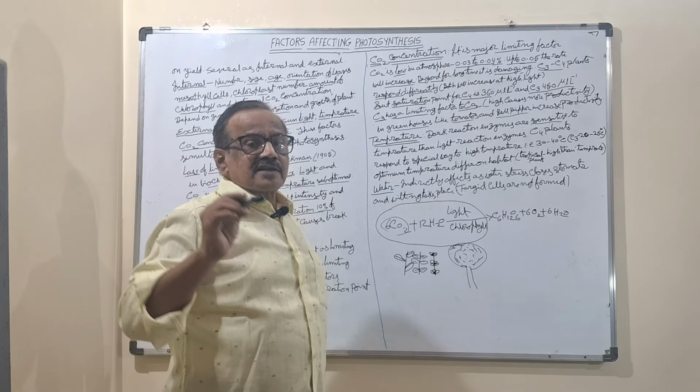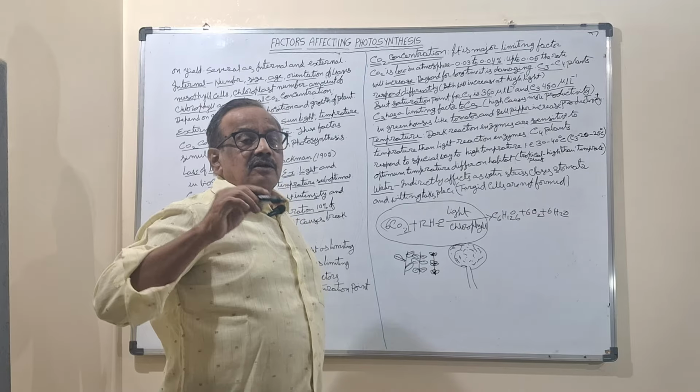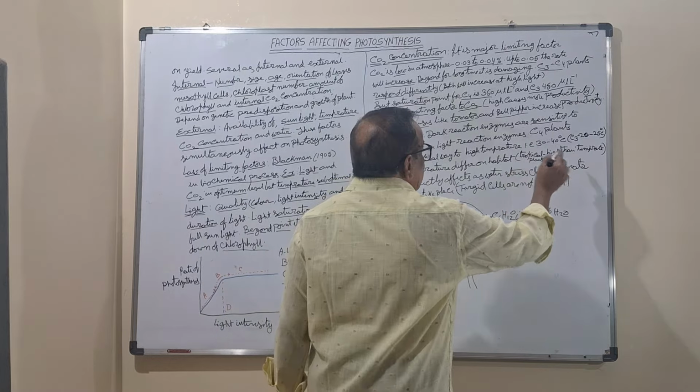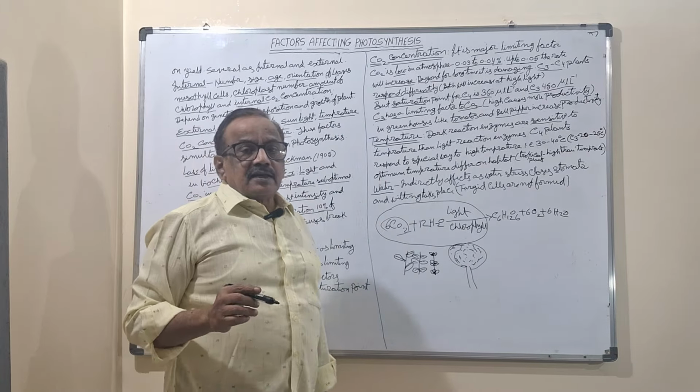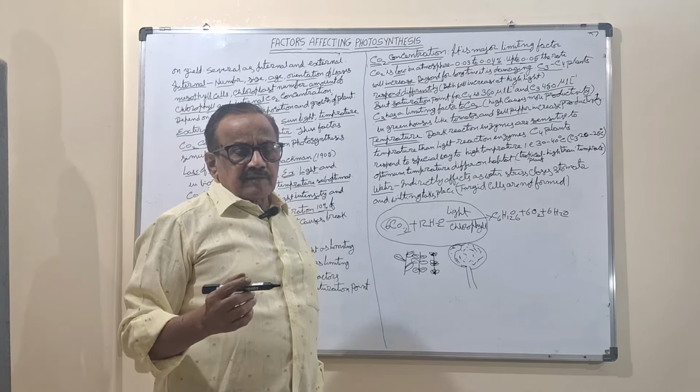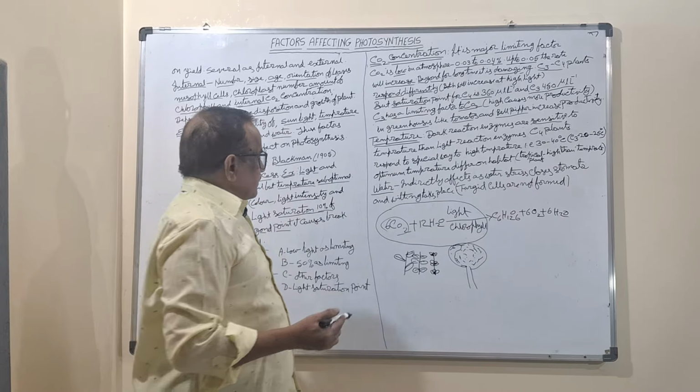C3 plants in the tropical region can also tolerate high temperature to some extent, but in the temperate region they cannot, because the habitat is tropical or temperate. This we can be asked. In plants growing in the temperate region, the optimum temperature is a little less, because it depends upon the habitat. And in the subtropical region, plants can tolerate to some extent.